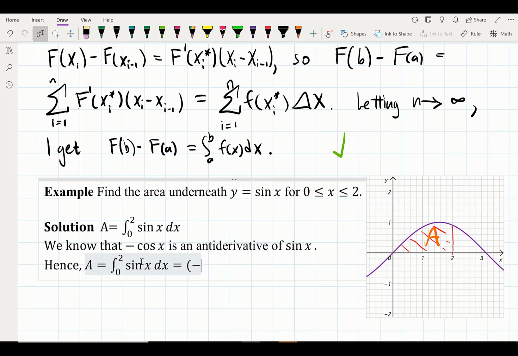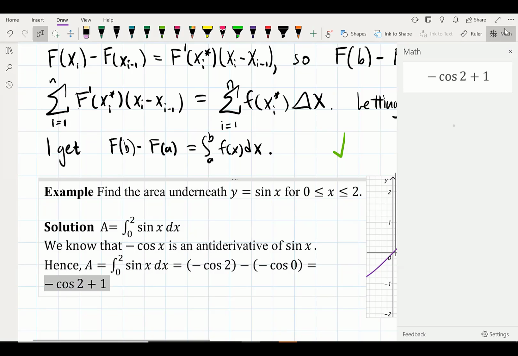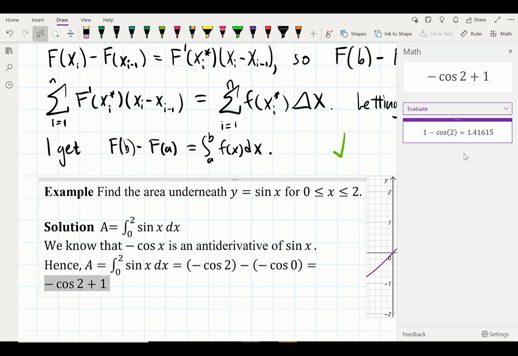So that will be negative cos of 2 minus negative cos of 0. This is negative cos 2 plus 1, which I can even calculate numerically. It's about 1.4.